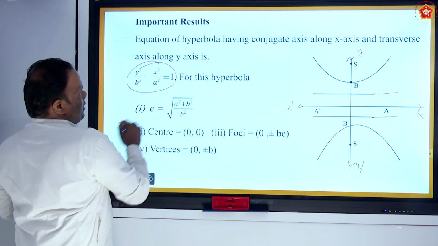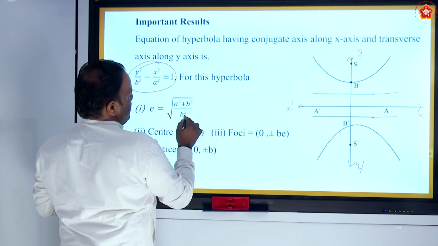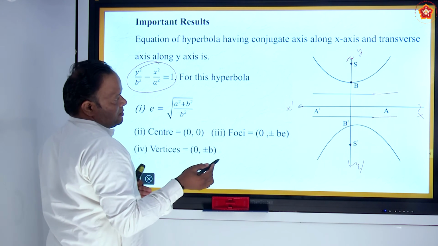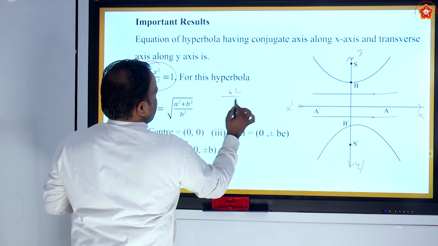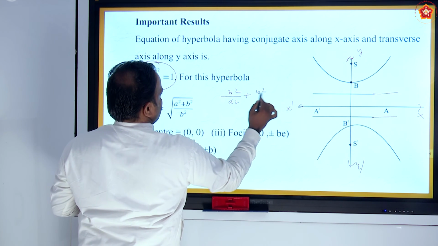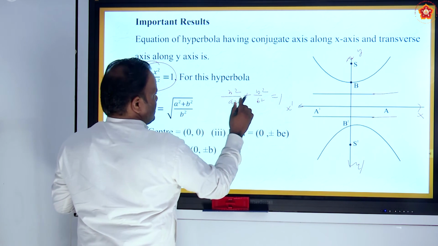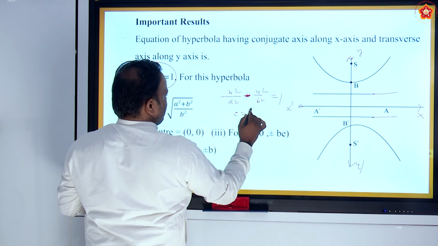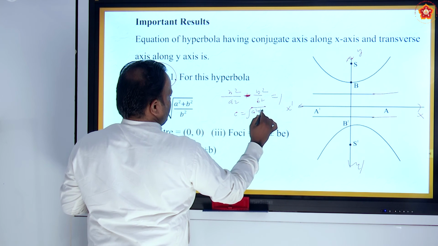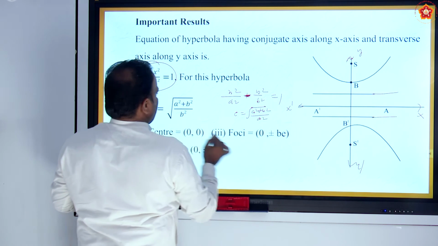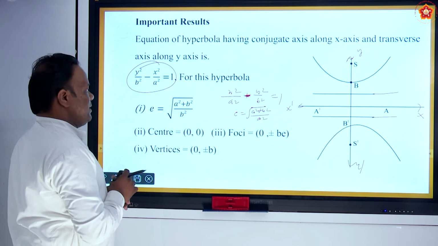Here e becomes root of a square plus b square divided by b square, but in the previous hyperbola, x square by a square minus y square by b square equal to 1, e is root of a square plus b square divided by a square. Here it is b square, interchanging a and b.